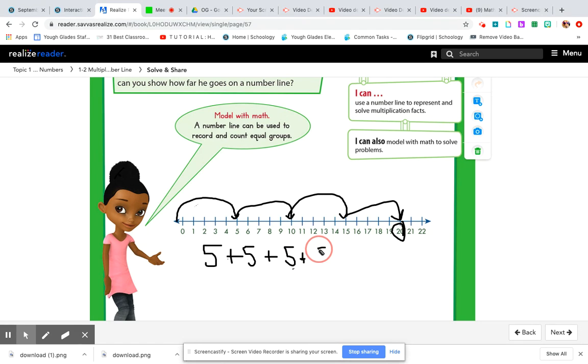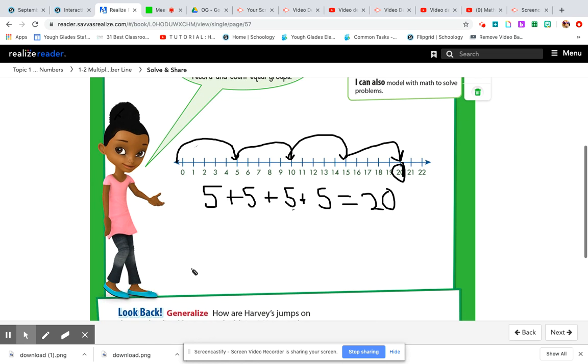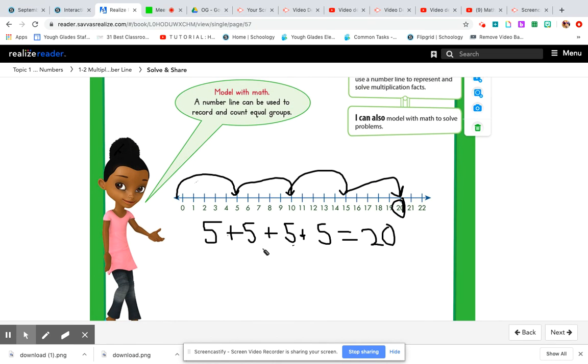Now there is 4 right there. 4 groups of 5, just like I have 4 groups of 5 on my number line, 4 jumps of 5. And I know that that's going to equal 20 because I solved that using my number line. And I also know that 4 groups of 5, or 4 jumps of 5, is 4 times 5.